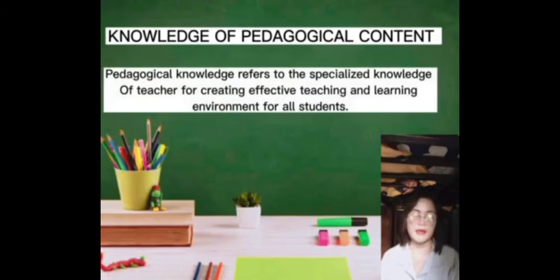And the second one is knowledge of pedagogical content. Pedagogical knowledge refers to the specialized knowledge of teachers of creating an effective teaching and learning environment for all students.